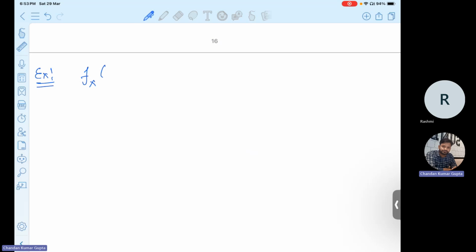We are given a probability density function equal to 2x by theta square for x lying within 0 to theta. With the help of the method of moments, we need to find the estimate for the parameter theta.